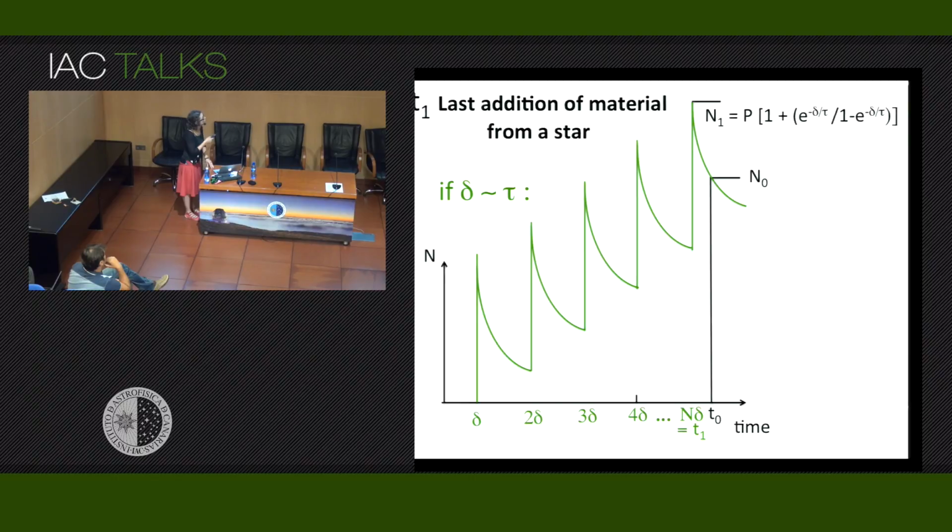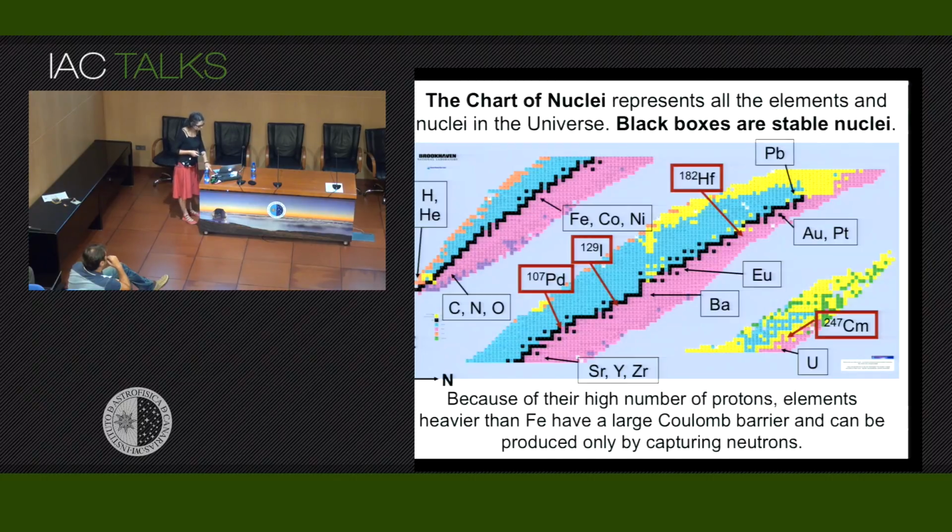I need to know how much I produce in stars to solve the equation here. That's the crucial part, and also one of the most uncertain, because it really depends on the models that I use. So how do we produce these nuclei?